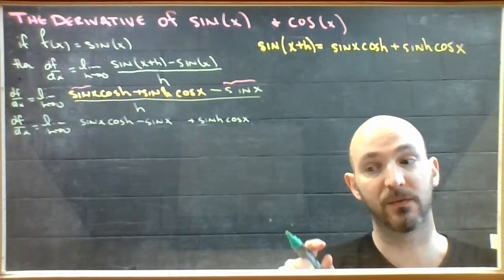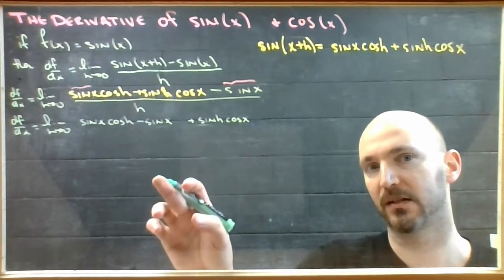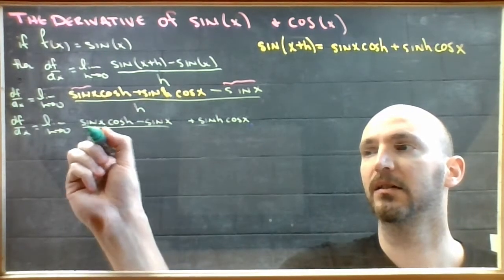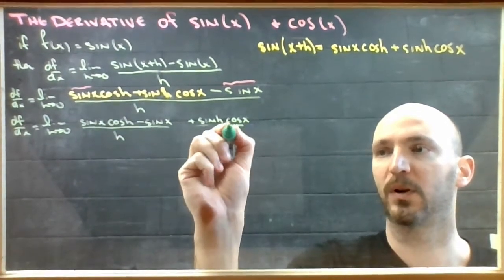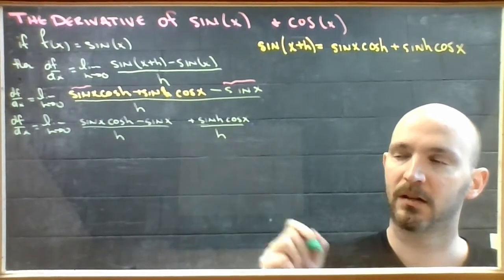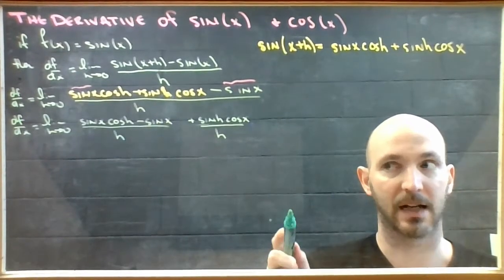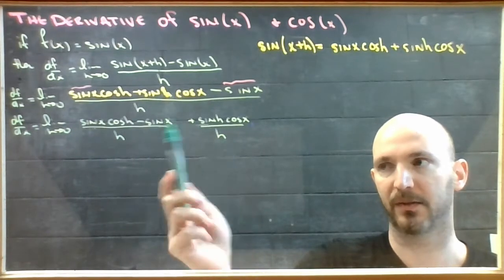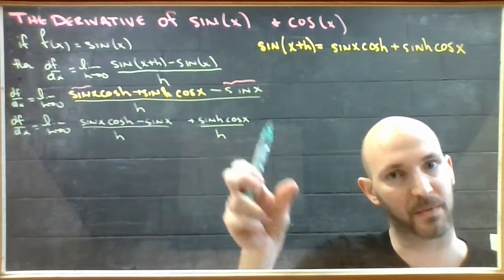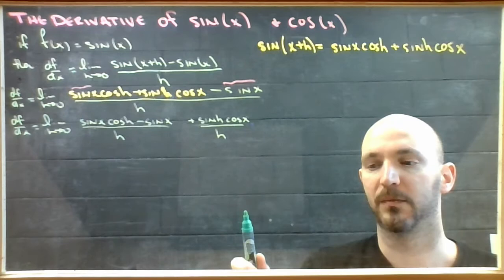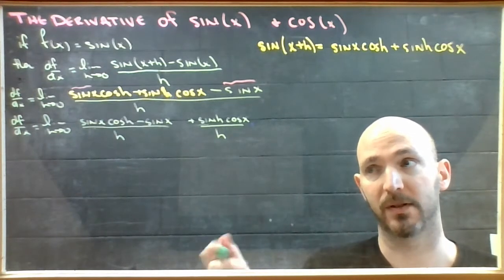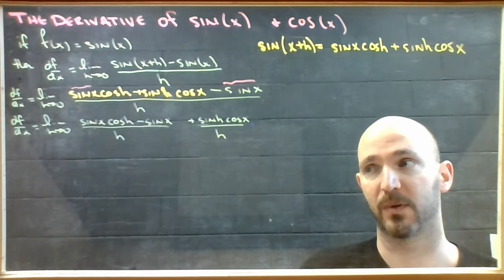But for my convenience, I'm going to split it into two fractions. I'm going to keep one over here like this, and I'm going to keep one over here like this. And so what I'm going to do in the next step is put my limit over here as well. So I'm going to try and do these limits separately. Why? Well, you'll see in a minute. It's going to help me figure out which parts of these things survive and which parts don't.